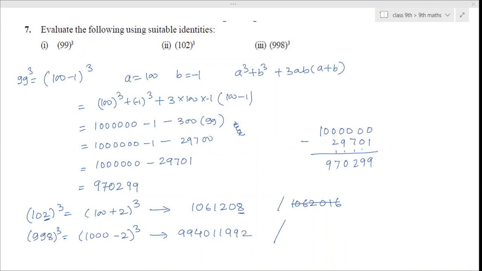Ma'am, can you solve the second one? Okay, I will solve. Yeah, I guess I made a mistake. I understood.